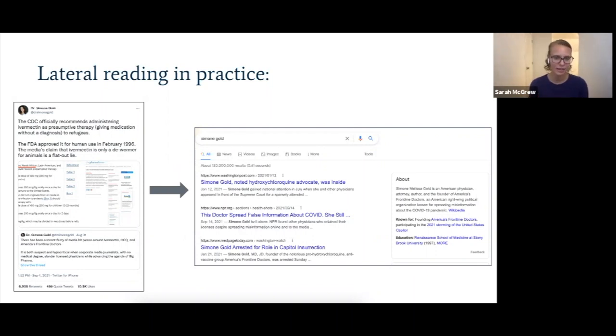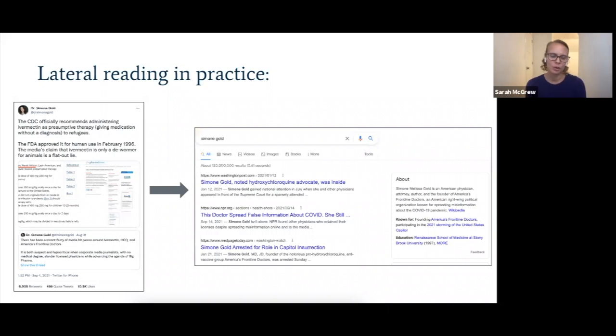If we instead read laterally, we'd simply search for information about Simone Gold outside her Twitter feed itself. And you can see from what gets pulled up, there's several articles that provide information about her, as well as a Wikipedia page that would provide more.